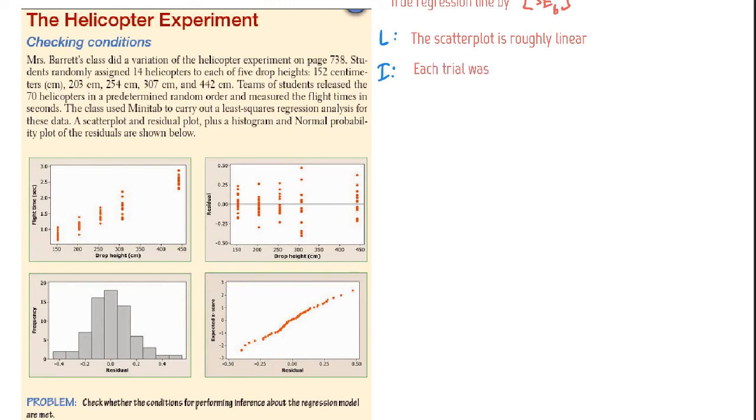Otherwise, you're checking the 10% condition, but this was an experiment. Normal: the normal probability plot of the residuals is roughly linear, or the histogram of the residuals is approximately normal. Either of those. Equal standard deviations, E, in LINER.